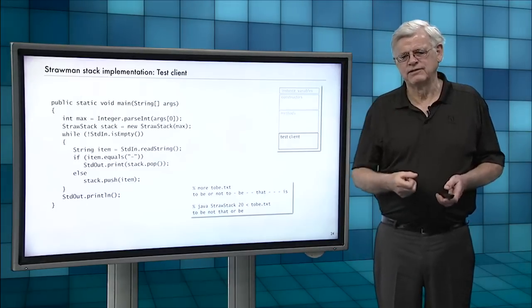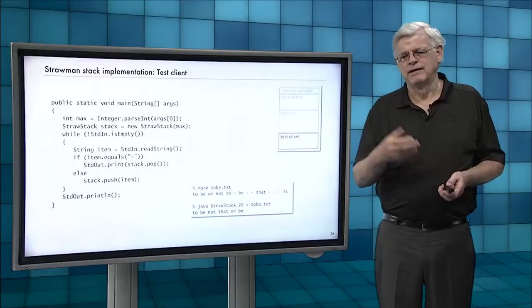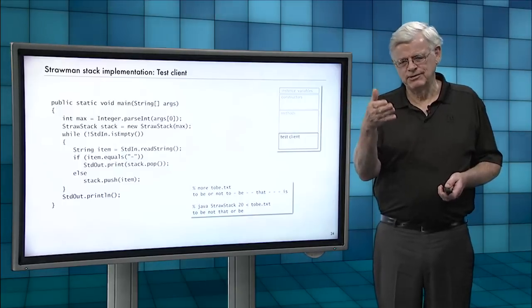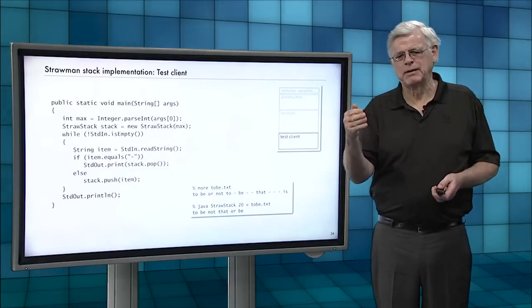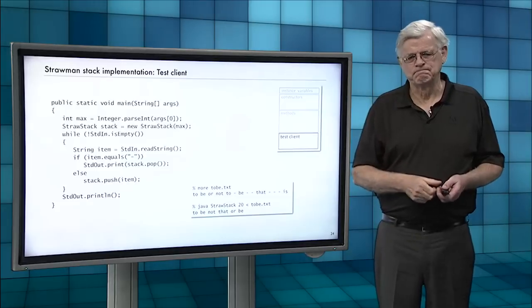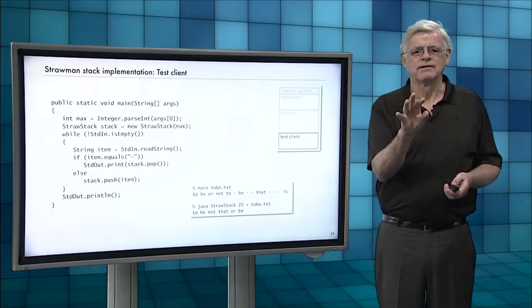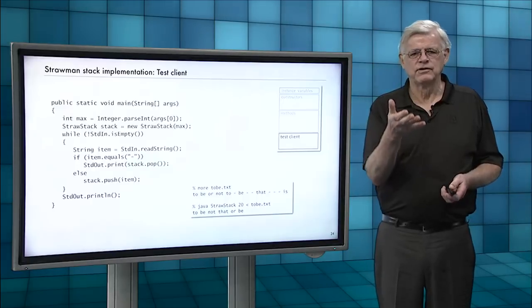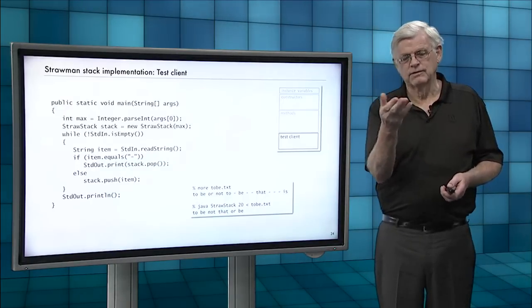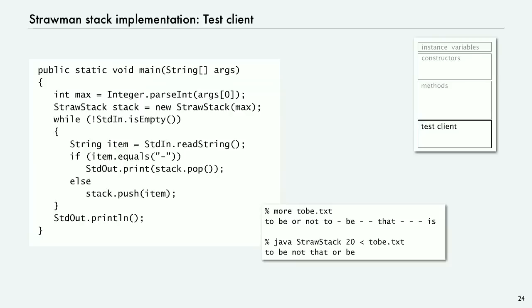So that's the example we gave at the beginning: to be or not to, pop be, pop that, pop is, gives that result, just as the example that we went through. So that's a test client. You can see the constructor provides a maximum size that's taken from the command line in this case.